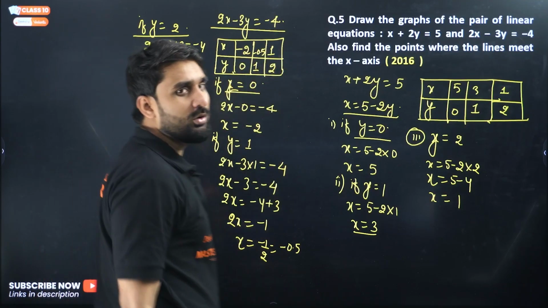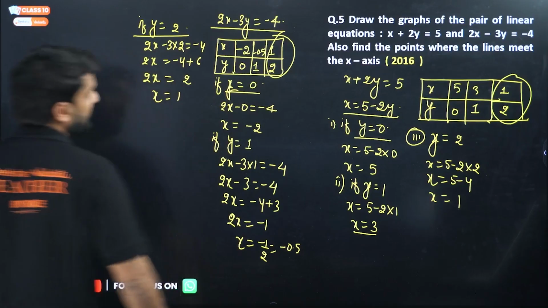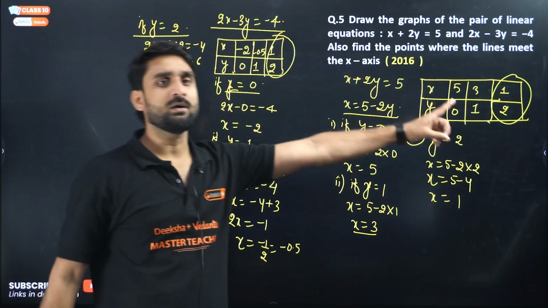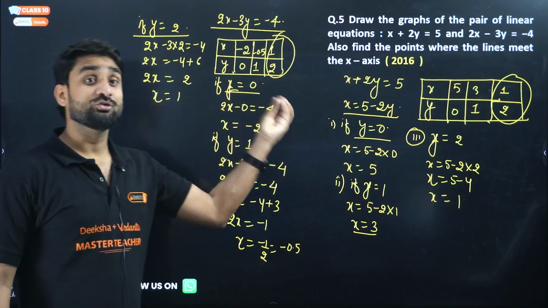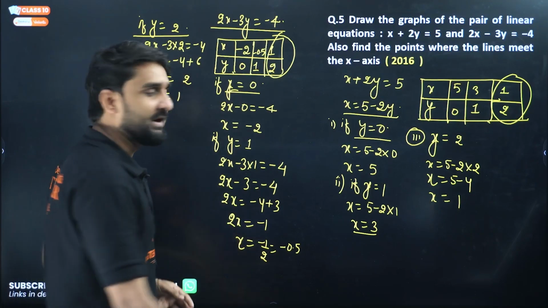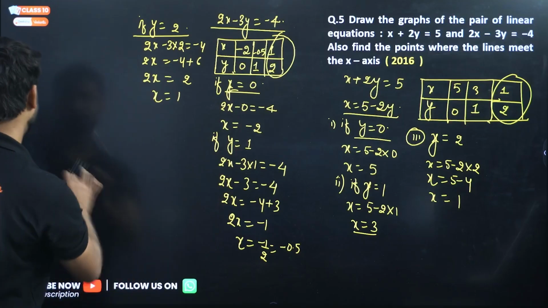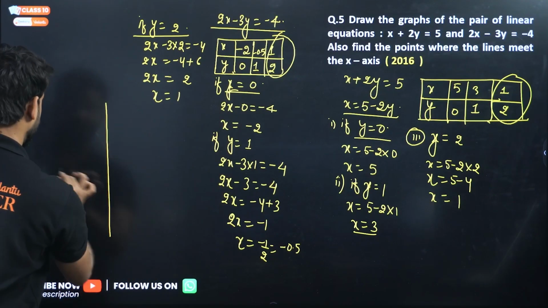Wow. Look at this table, one value which is common in both. Yes, 1, 2 is here and 1, 2 is also here. So this is the value of x and y, right? But we have to find the points where the lines meet the x-axis. Let's draw the graph. So let me show you the graph here.